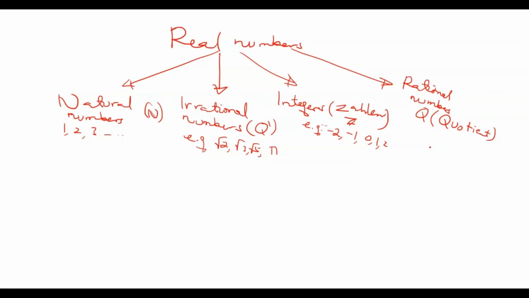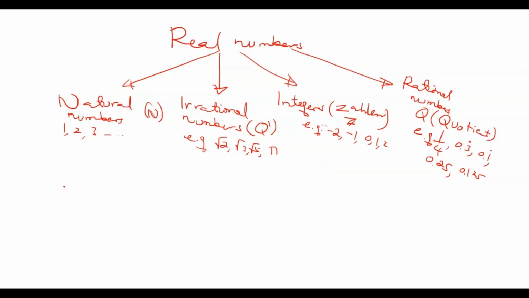They could be terminating and non-terminating fractions, so things like a quarter, or 0.333 repeating, or 0.111 repeating. So all those are rational numbers. So these are the real numbers.